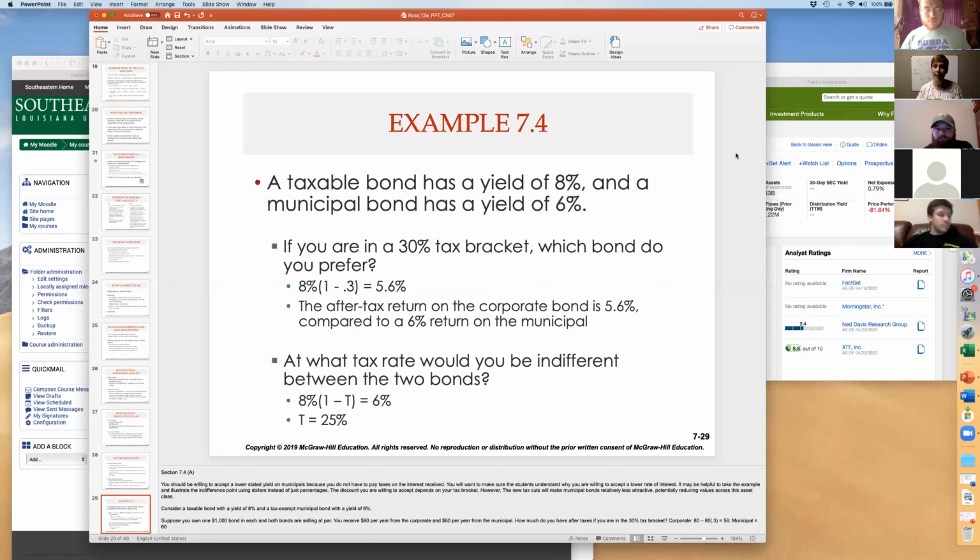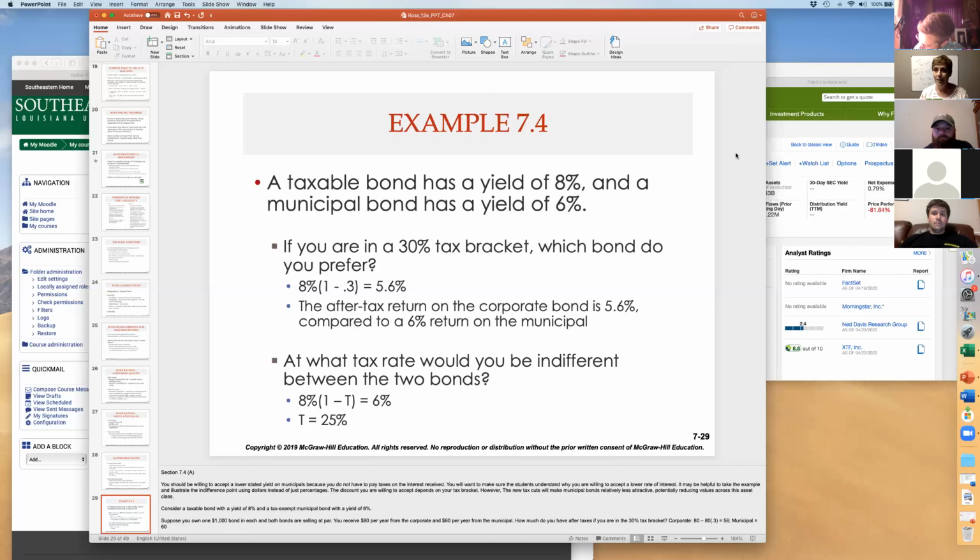If you have a marginal tax rate of 50%, you're only going to get to keep 4% of that before tax return. And so you can see here, the higher the tax bracket you're in, the more likely you're going to choose the muni. So municipal bonds are oftentimes purchased by rich people who have high tax rates, right? And this is a way to avoid some tax.